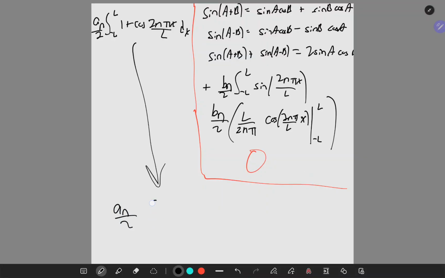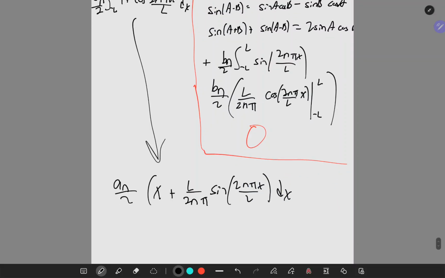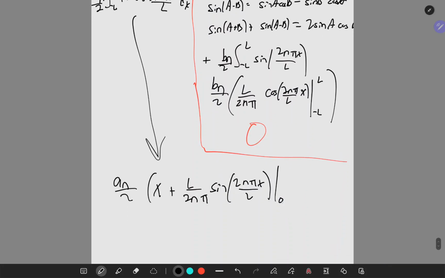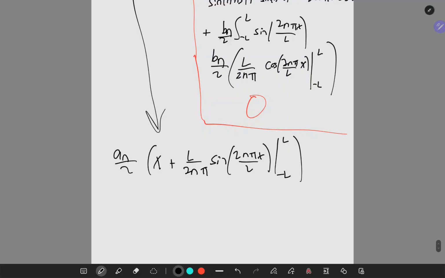That'll be x plus L over 2n pi times sine of 2n pi x over L, from negative L to L. Oops.